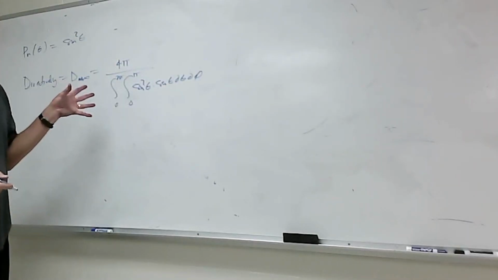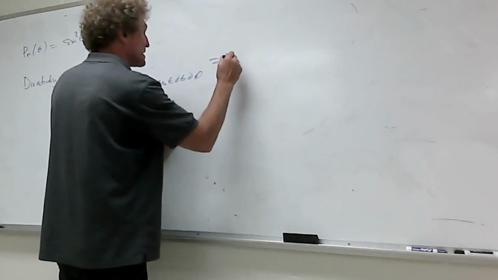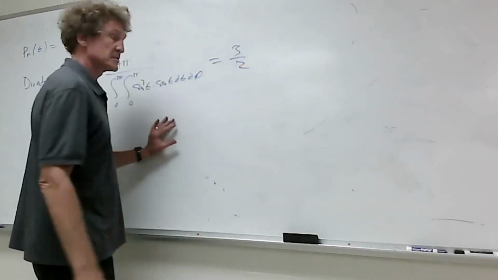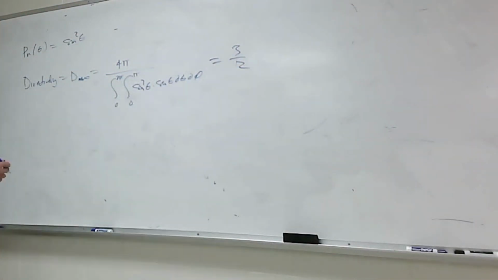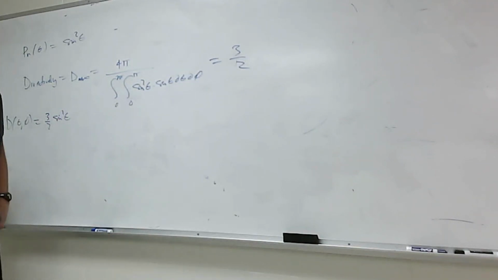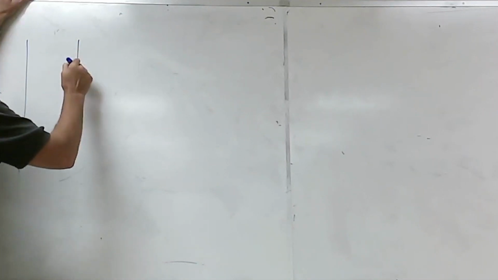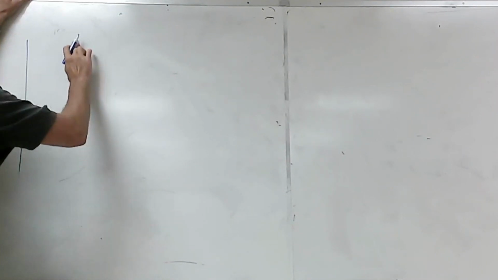When all is said and done, you're going to find out that this is 3/2. Remember doing this? That's the directivity max. That means the actual directivity is a function of theta and phi. It's going to be D max, or really 3/2 times the sine squared of theta. Now we have the directivity. So I need the total power radiated, and what I'm about to do is this. Well, I need P rad.